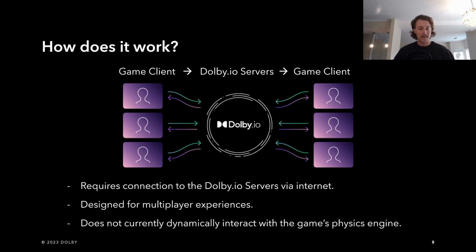Now, what's really cool about this is the Dolby.io servers can take in hundreds of people's voices talking in a given space and mix it. But for the end user who's then receiving that audio stream, they receive only one fully mixed audio stream. So it doesn't actually have any additional bandwidth requirements when compared to traditional voice chat in video games. Now, because this is leveraging the Dolby.io servers, it does require connection to these servers via the internet.